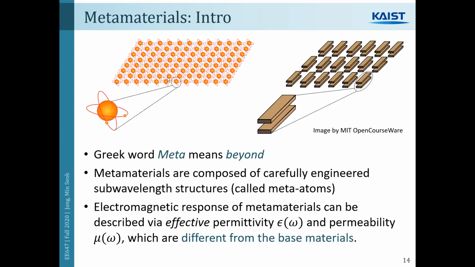You probably heard about the term diffraction limit. If two objects are closer than half a wavelength, light cannot distinguish these two, right? So if you can create an artificial atom that is much smaller than the wavelength of light, then from the perspective of light, it doesn't know whether this material is composed of real atoms or artificial atoms, although the sizes are largely different.